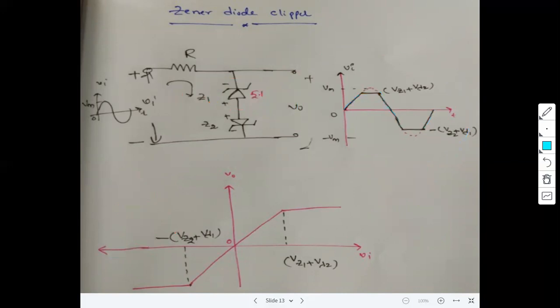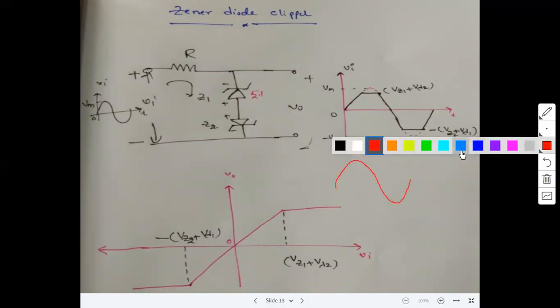Okay. Now the main application of the Zener diode clipper is, observe here, suppose the input is a sinusoidal. Then the output waveform, we already know: up to a certain part output follows the input. Then output is limited. Then again output follows the input. Then output is limited.